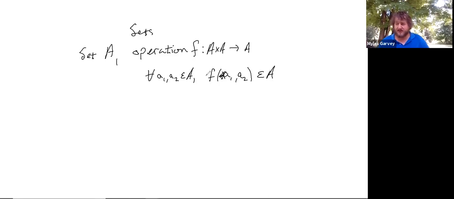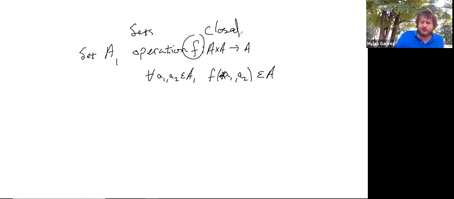So in the last case, I'm sorry, let me take a step back. Let me just be clear. We say that the operation is a closed operation if for any two elements I take in the set, if I apply the operation and I get back something in the set, it's a closed operation. If I get something that's not in the set, it's not a closed operation.